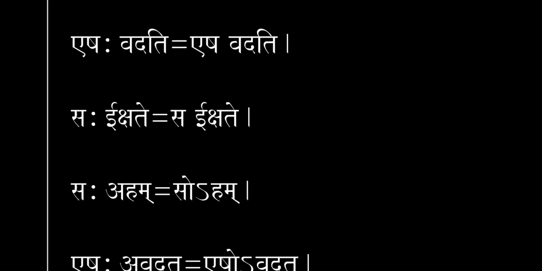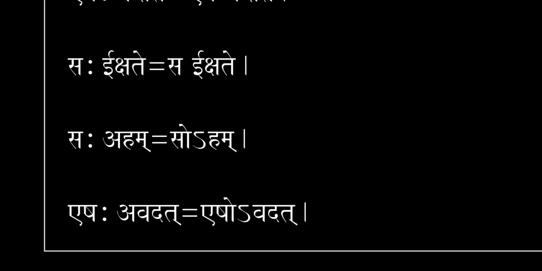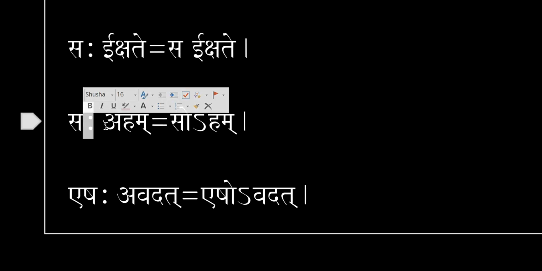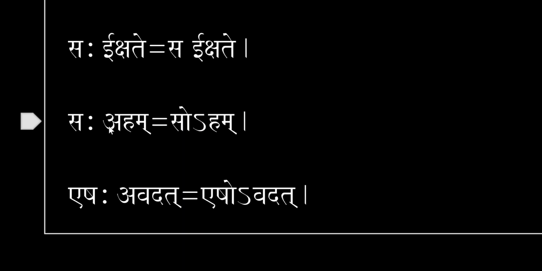Sah ikshate becomes sa ikshate because it is preceded by any vowel except a, the visarga. And sah aham becomes so'ham because it is preceded by an a. So as you can see, the a in sa is kept, while the a in aham is elided, while the visarga changes into an o.